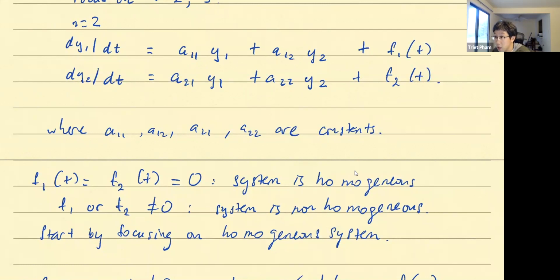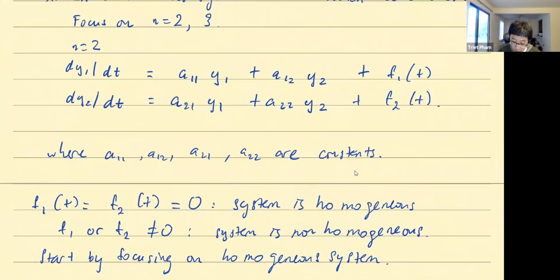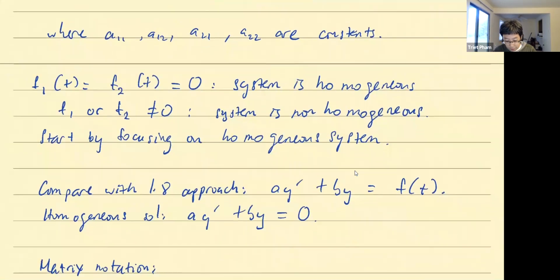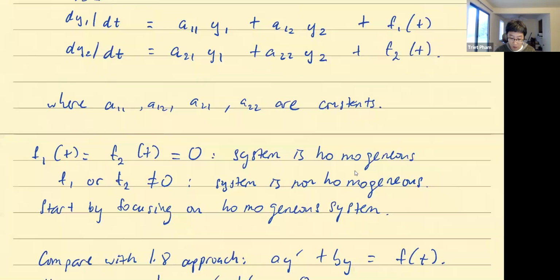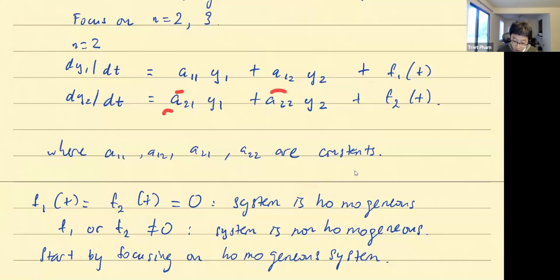But of course, the coefficients are no longer constants, and the treatment there is much more complicated, okay? So again, very similar to 1.8 versus 1.9. 1.9 allows these guys to be non-constants. But the approach there was not a homogeneous solution kind of approach, but we use the integrating factor, okay? So when these guys are functions of t, the system becomes much more complicated, and I don't think we present how to solve it in this class at all.